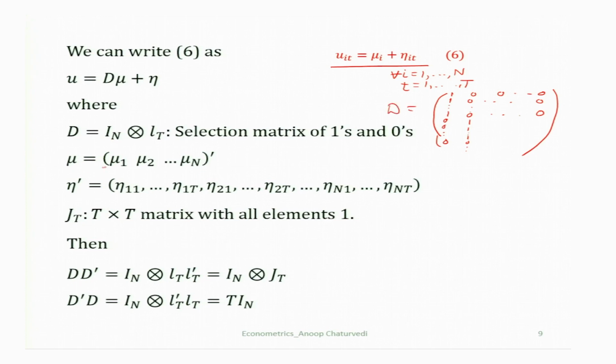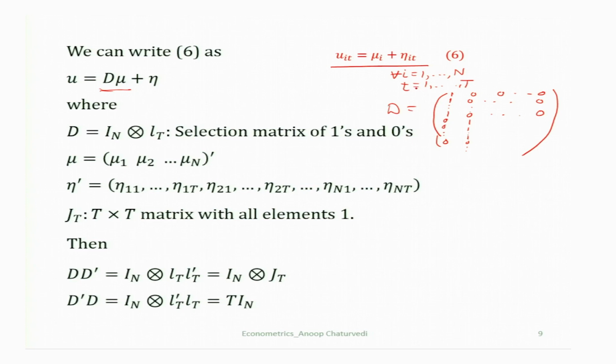Then mu is equal to (mu_1, mu_2, ..., mu_N) transpose, and if you multiply mu by D, then this D works like a selection matrix. For the first T elements, for i equal to 1, D mu selects mu_1.